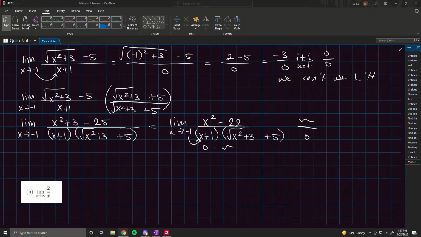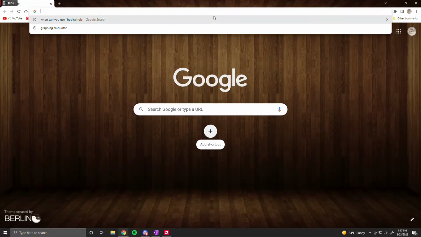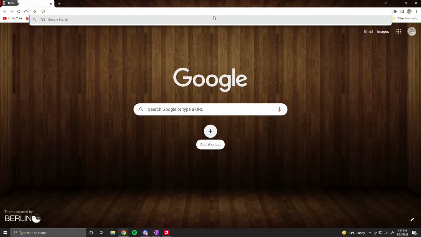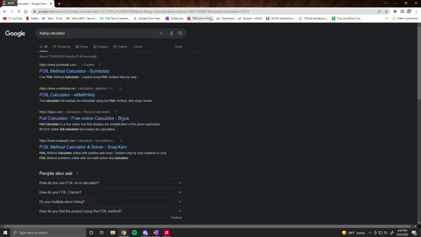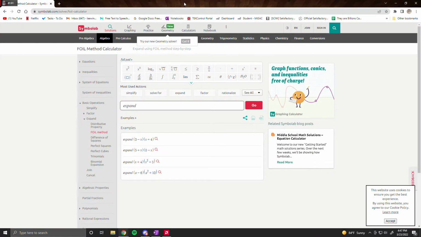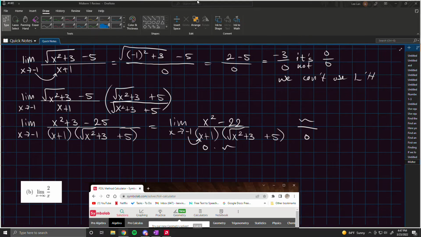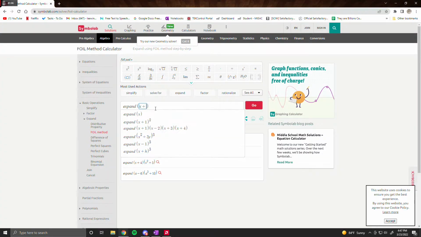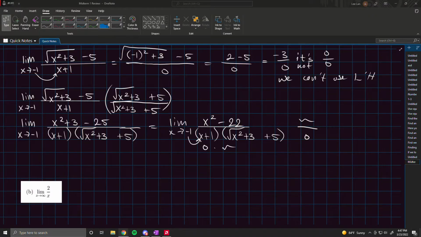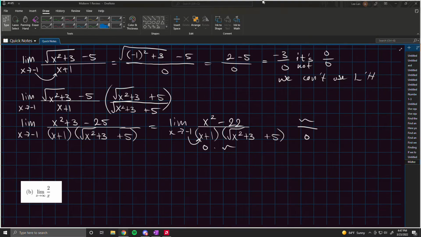And I think if you distributed it out, you'd still get the same thing, but let's see what happens. You can obviously do this by hand, but I am lazy.